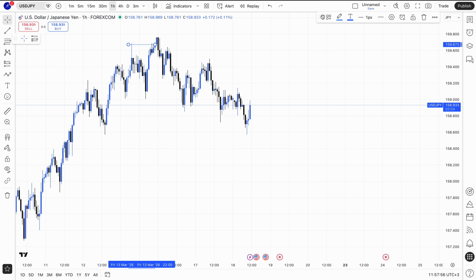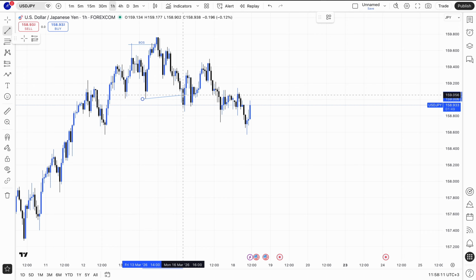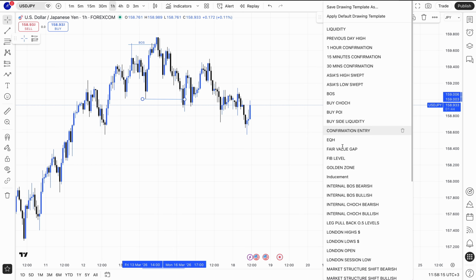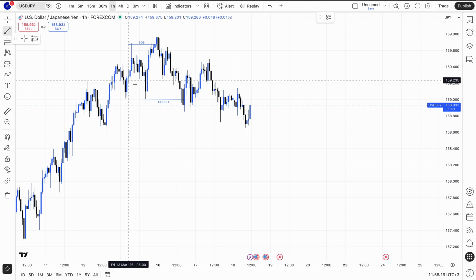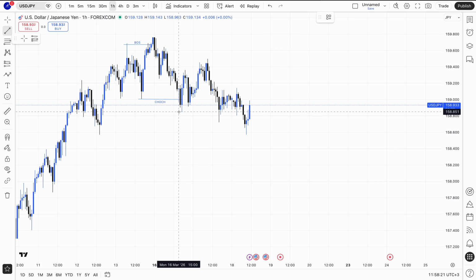Then later on, we had our break of structure to the downside. Then a change of character to the downside. Then you had our continuation break of structure to the downside, which is this one.